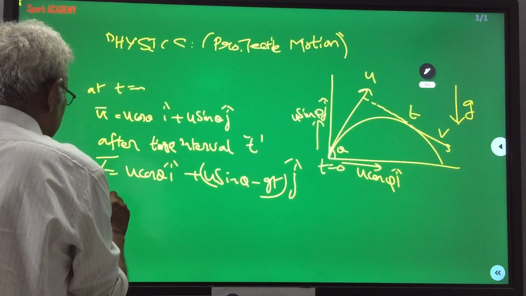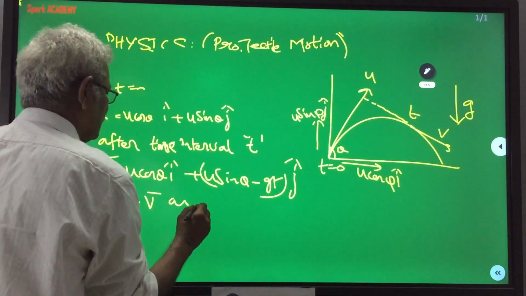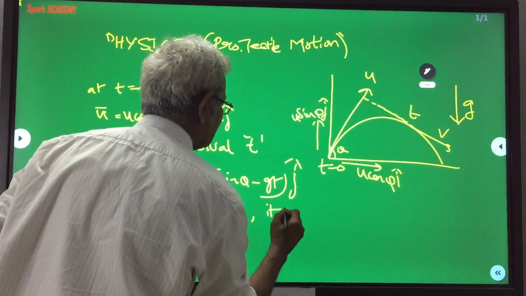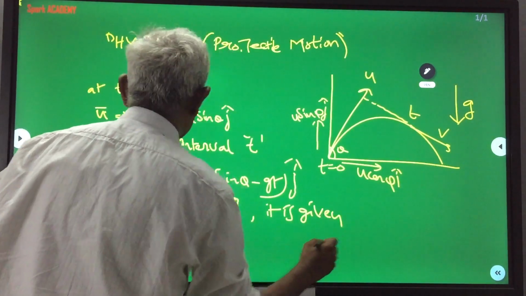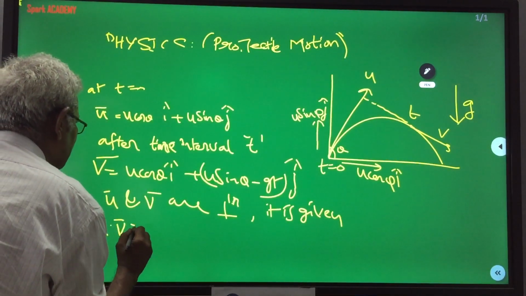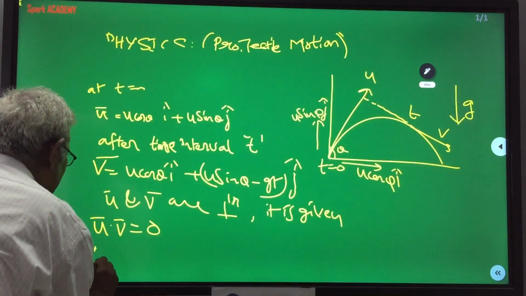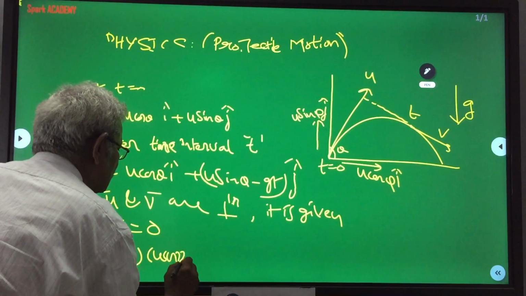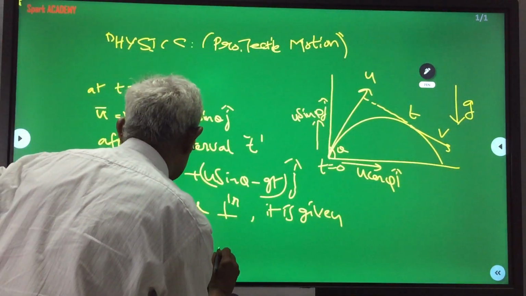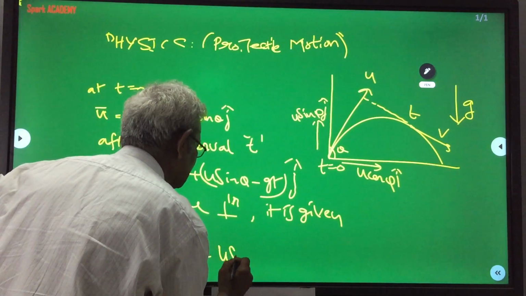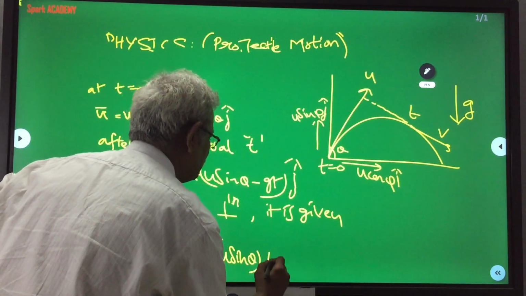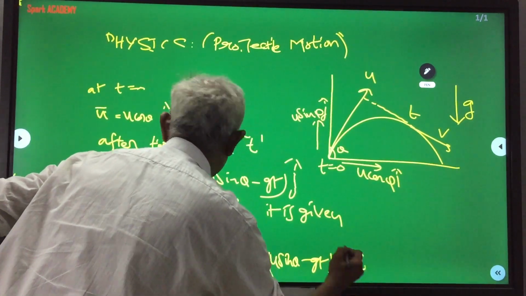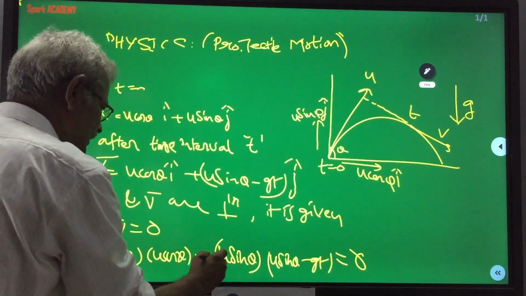Now, since u bar and v bar are perpendicular, how do we know? It is given. So u bar dot v bar is equal to 0. That means what will it be? u cos theta into u cos theta plus u sin theta into this. On solving, what will you get?